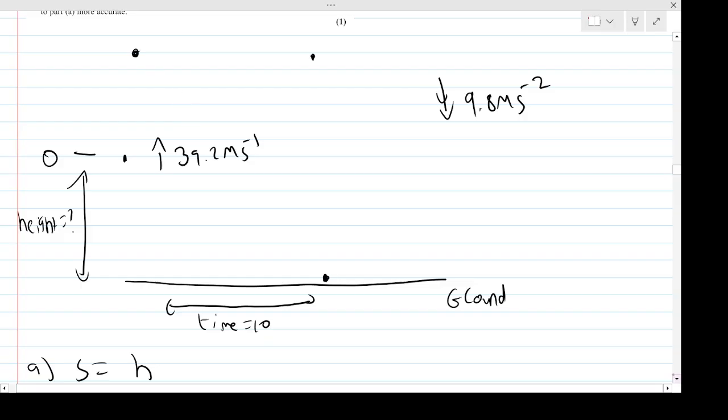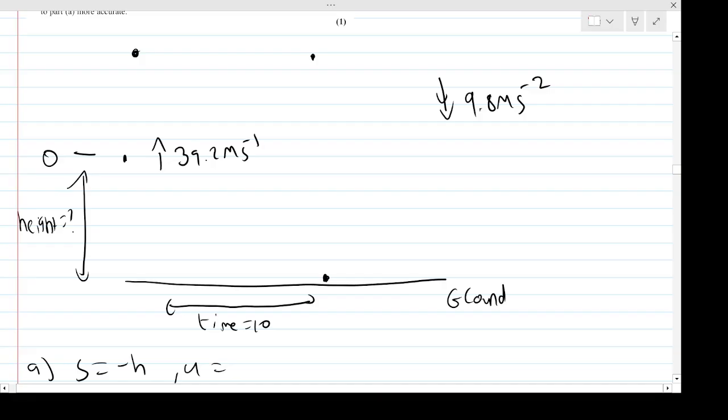The thing is, the distance is moving down to the ground, so it has to be a negative distance. Remember that we're going down by h overall, by the height, so it's negative height, if you will. So negative h.